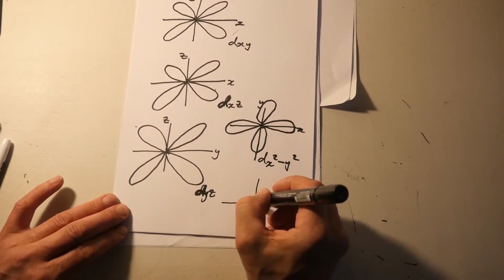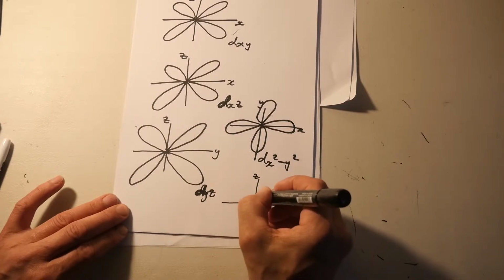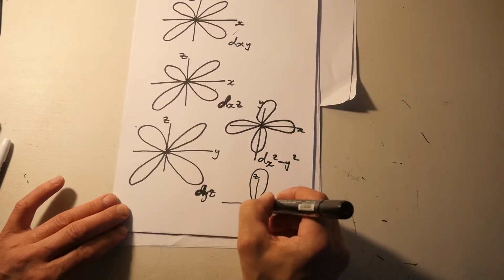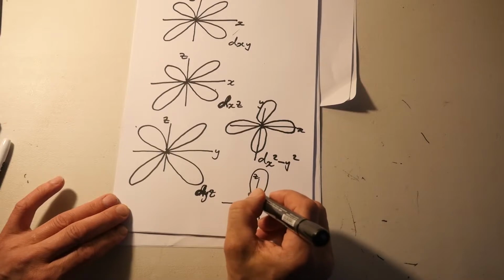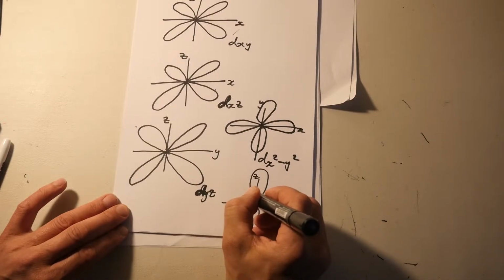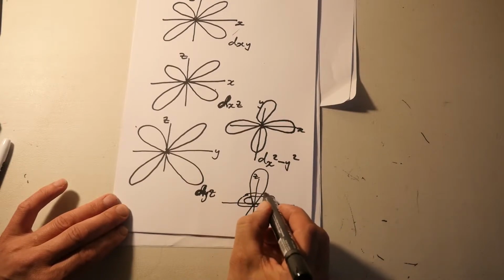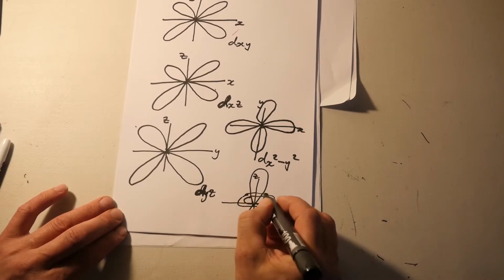And there's one more, where you have the z. So you have the orbital lying above like that, and then you've got a sort of ring around it, like a tube going around it.